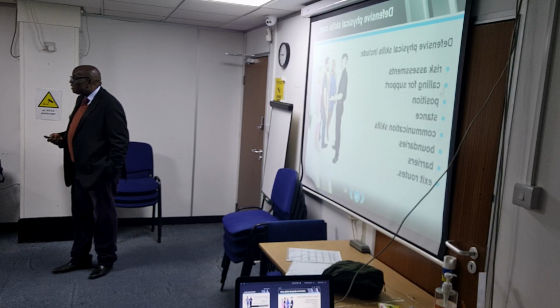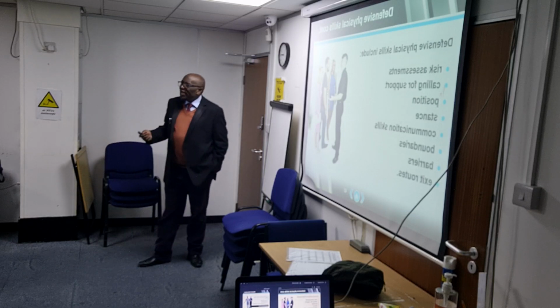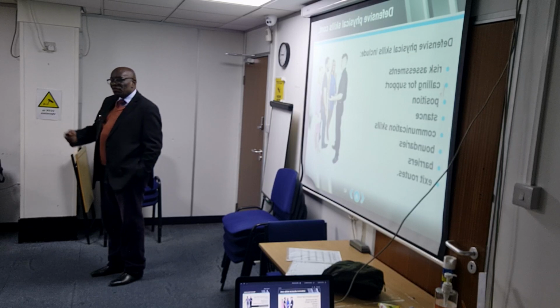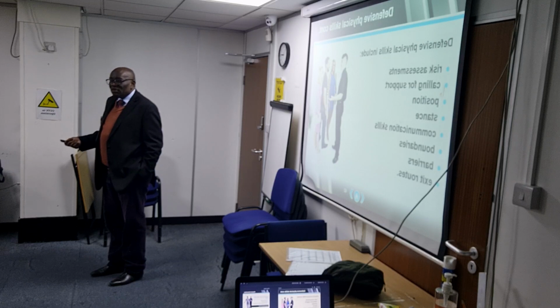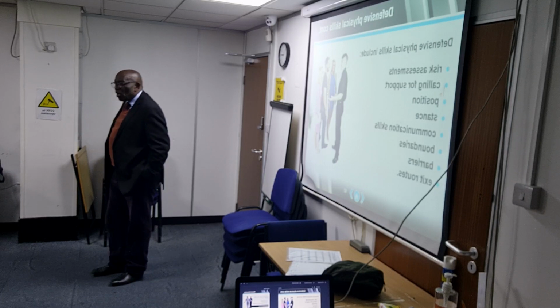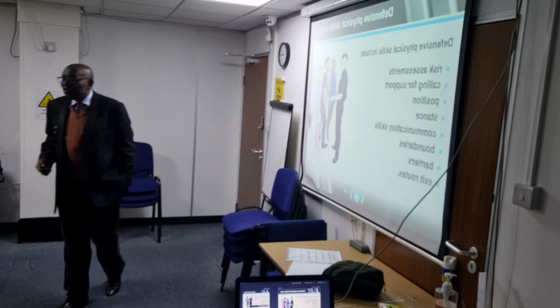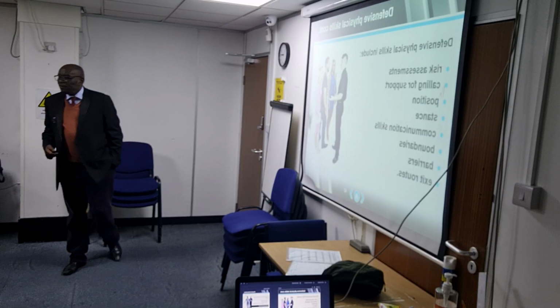And many times, when you're talking to someone, make sure either of you has a way to exit. If you're not comfortable with what you are talking about, you're getting nowhere with the argument, either of you should be able to leave rather than blocking the way. All right? So these are examples of defensive physical skills. Any question? No.